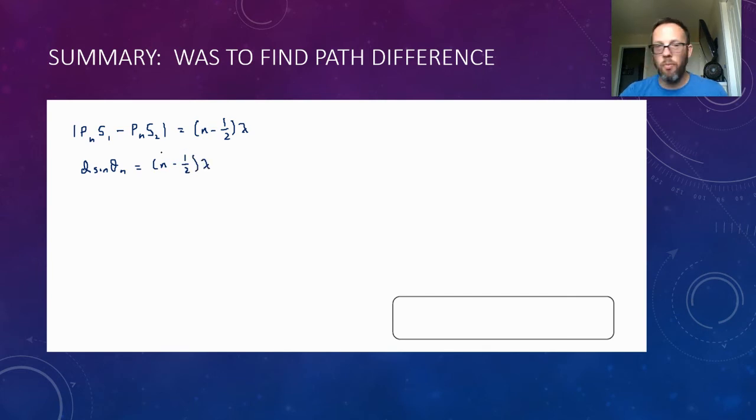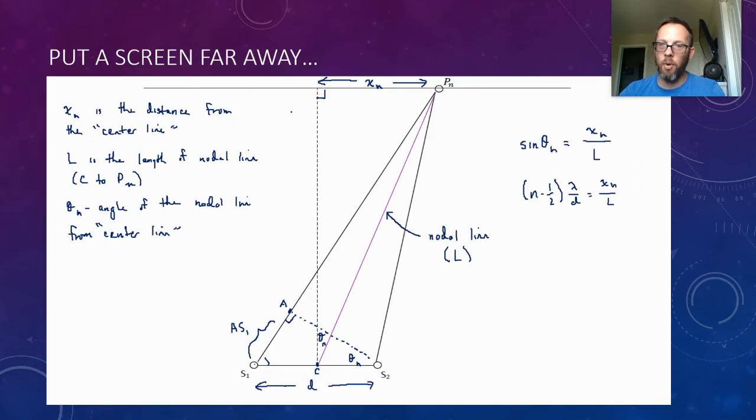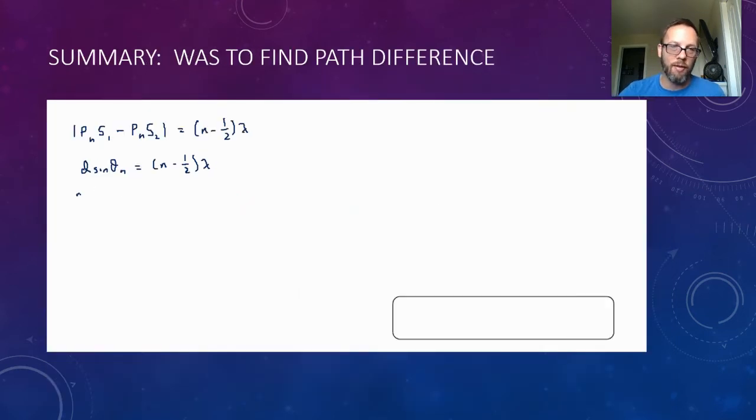And finally, we showed that xn times d divided by L also equals n minus a half times lambda. So all three are different ways to find the path difference.